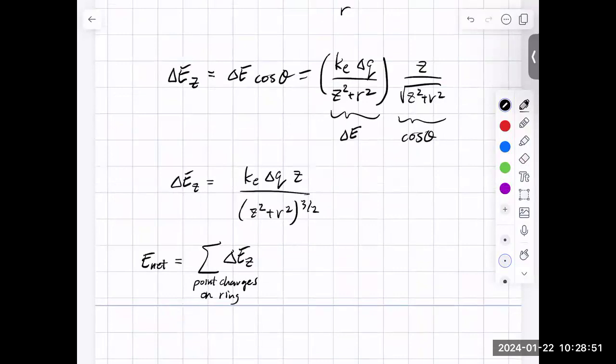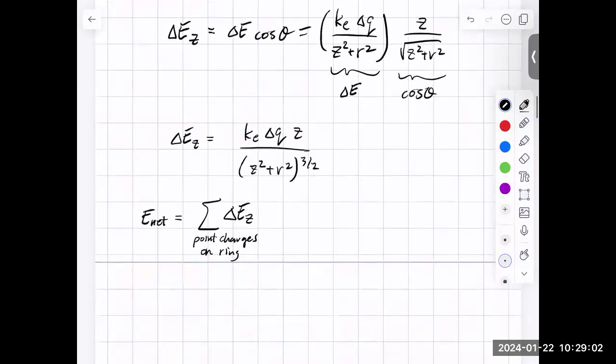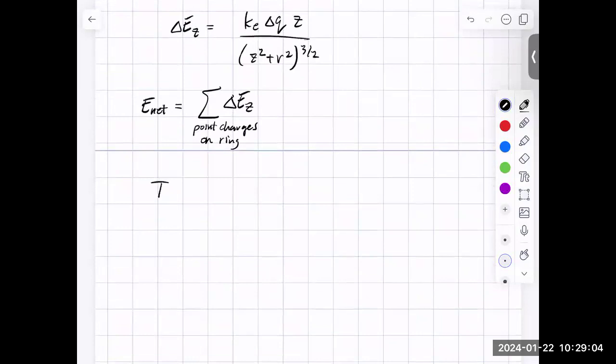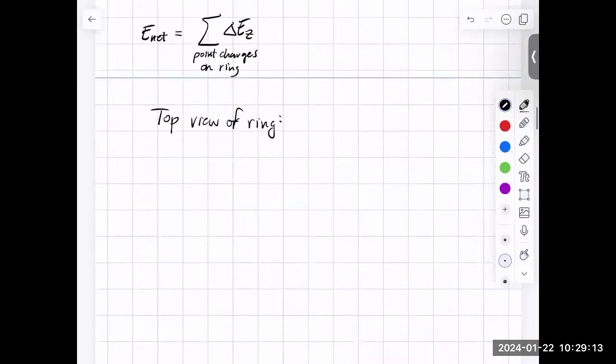Okay, so we're almost done, but before going a little bit further, I want to see if we can find an expression for this delta Q. And so we're going to do a top view of our ring. So what does it look like?